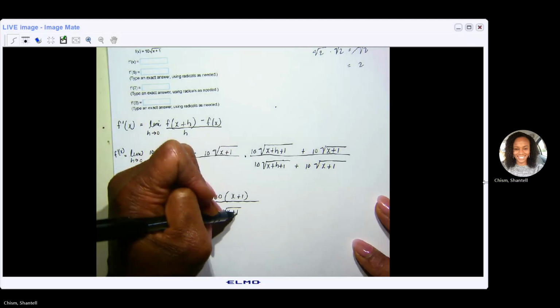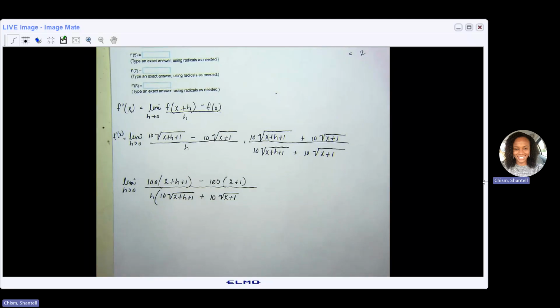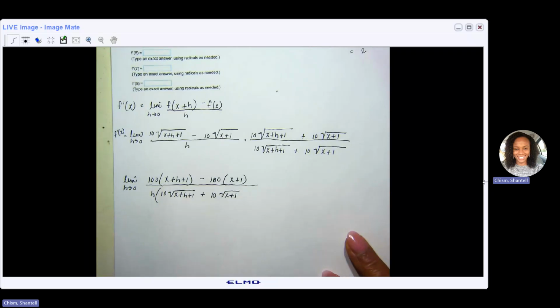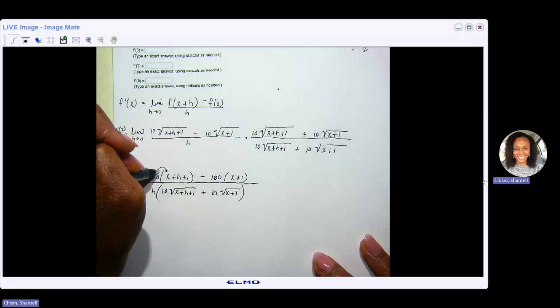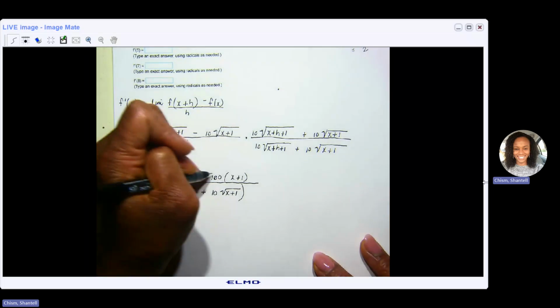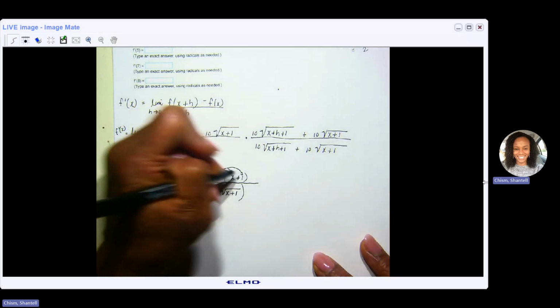And so you would literally just have to keep simplifying, use the distributive property. It actually is looking a lot nicer already, believe it or not. But you just have to keep cleaning it up. Use the distributive property here, multiplied through by 100, and then here by that minus 100.